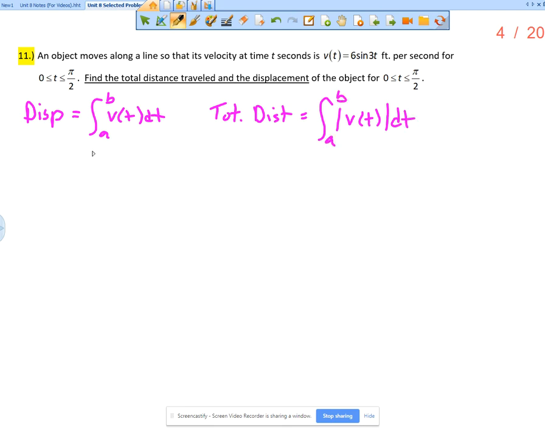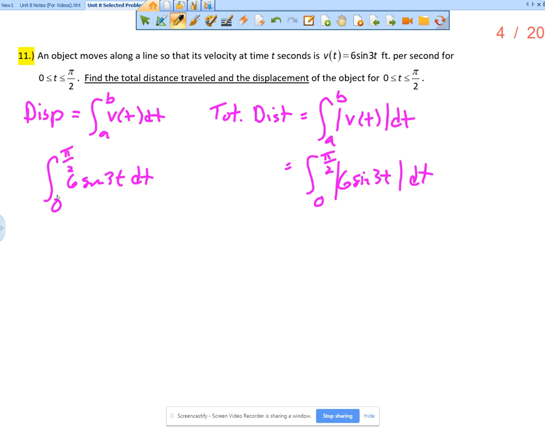So we want to write out our integrals. The displacement is the integral from 0 to pi over 2 of v(t), so 6 sin(3t) dt, and the total distance is the integral from 0 to pi over 2 of the absolute value of 6 sin(3t) dt.